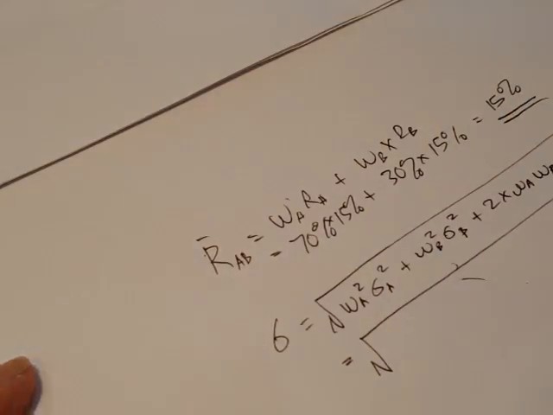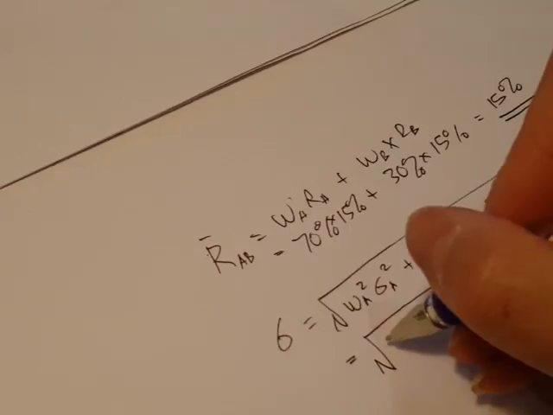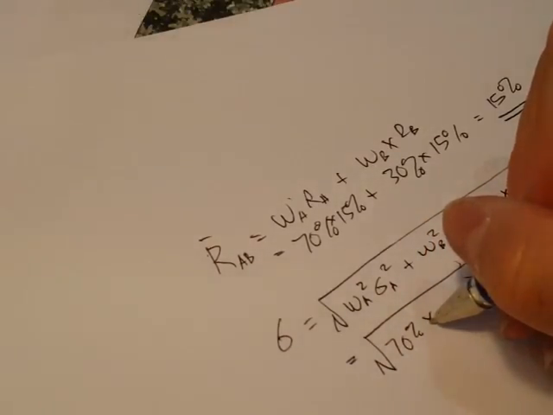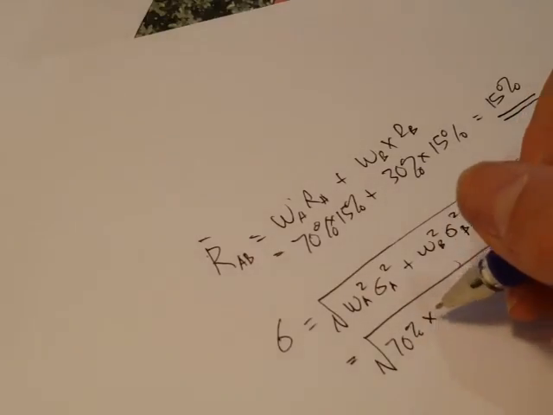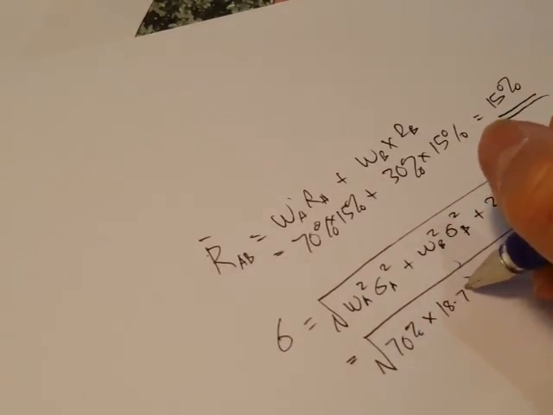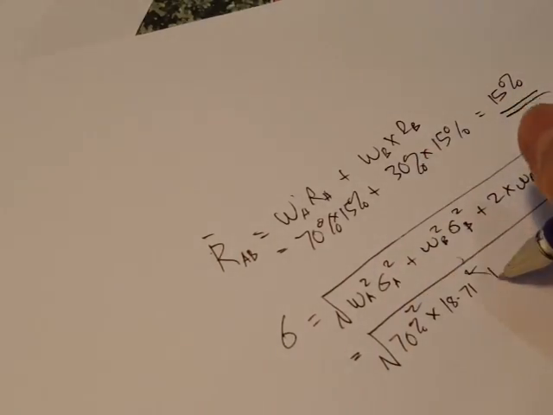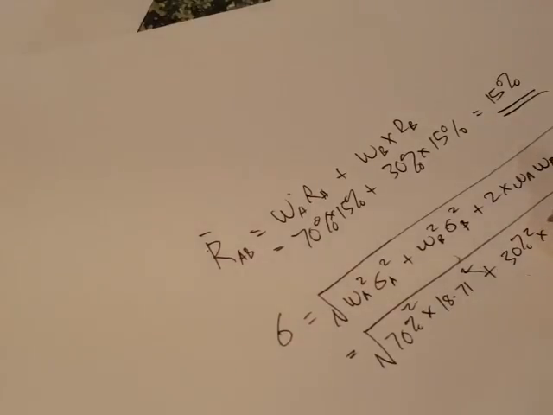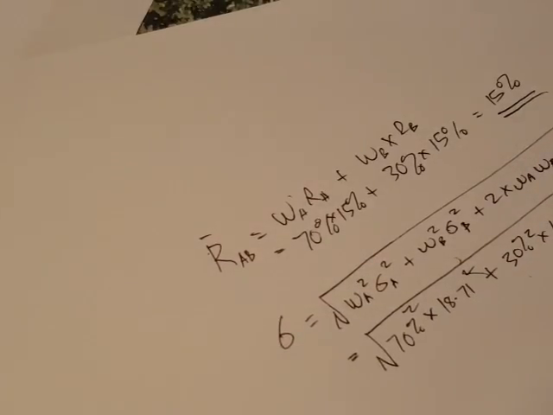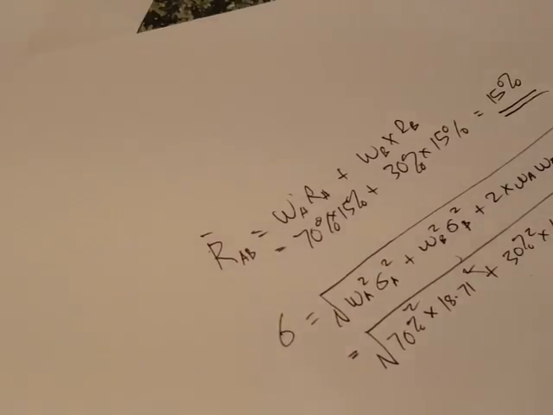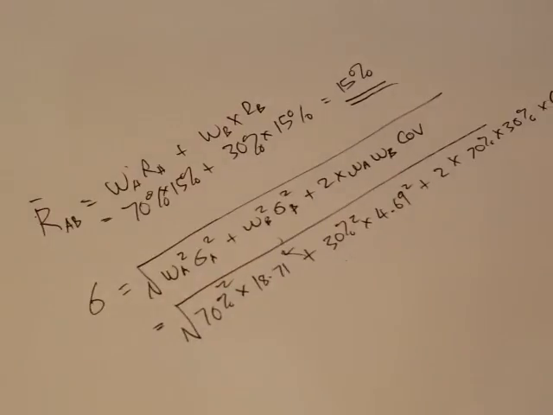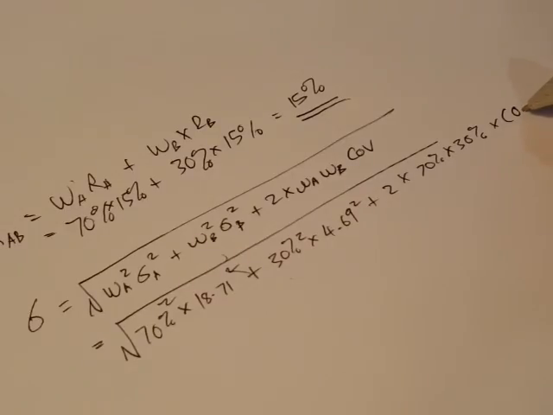This question, your weight A is 70%, standard deviation you were given 18.71 squared, plus 30% times 4.69, plus 2 times 70%, 30%, but this time covariance is -5.